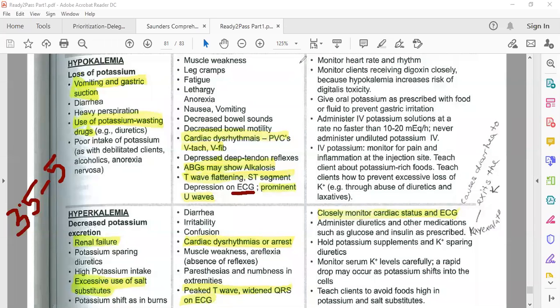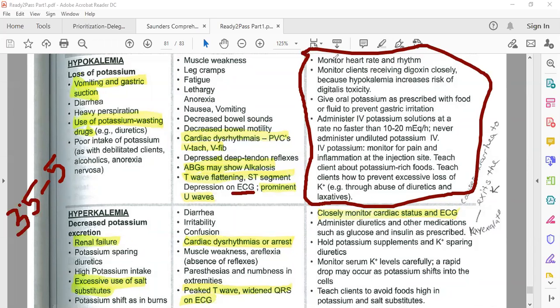Now, what are our interventions as nurses? What do you have to do about this? Monitor the heart function or rhythm, because the patient has a chance of developing dysarrhythmias, right? So monitor the client receiving digoxin closely, because hypokalemia increases the risk of digitalis toxicity.